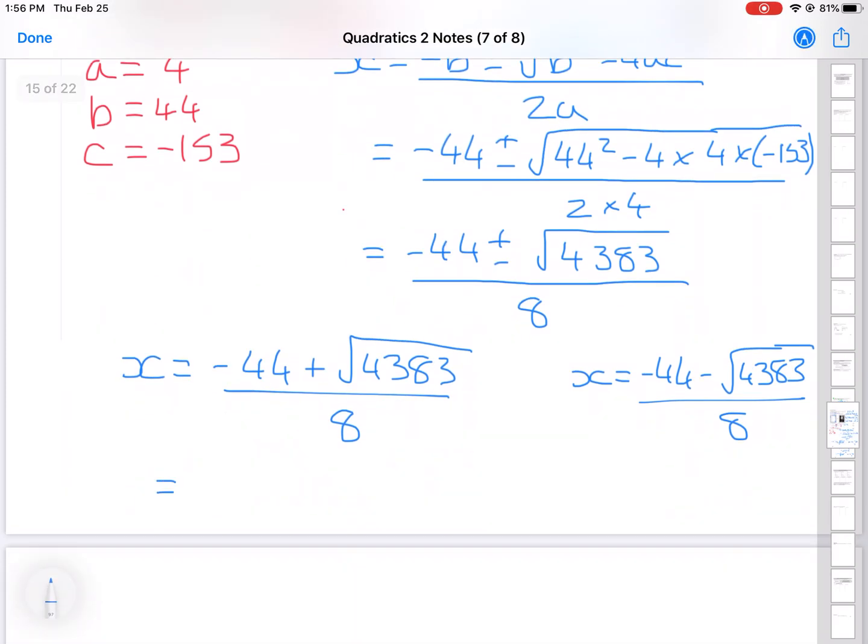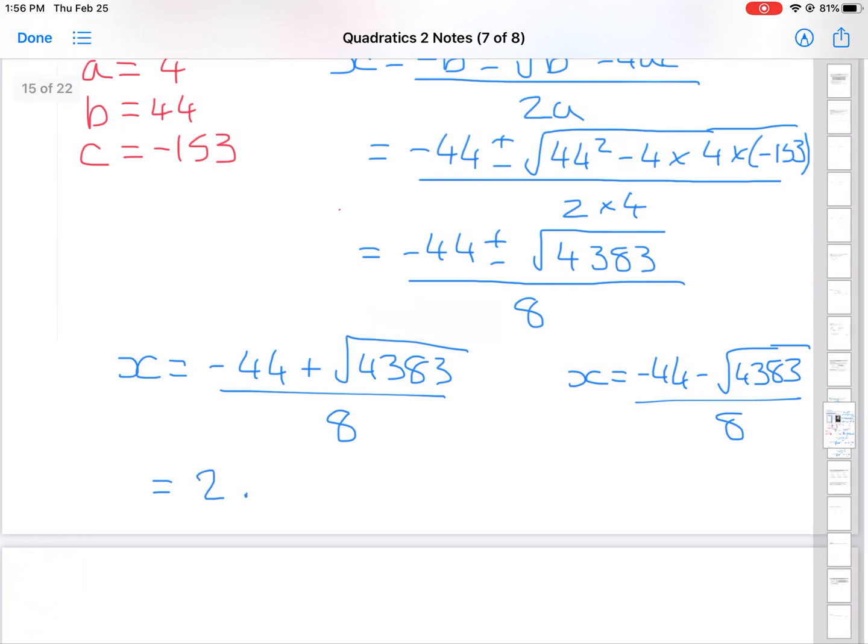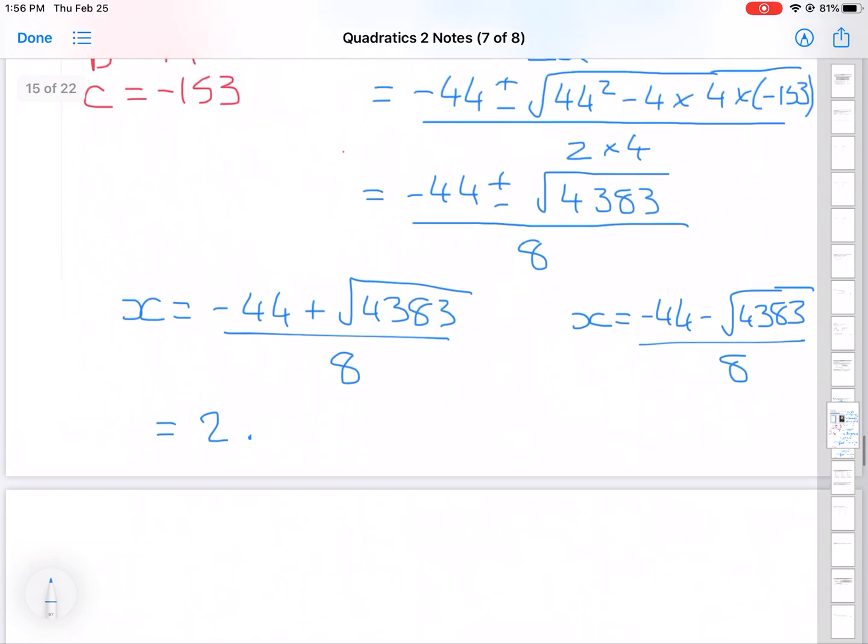Now, let's get this in the calculator. Negative 44, pop it into brackets, plus the square root of 4383 equals, divide by 8 equals. 1 decimal place, I think so, yep, 2.8 for this possible value.